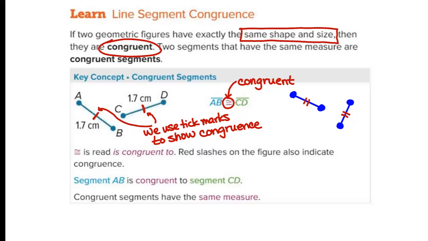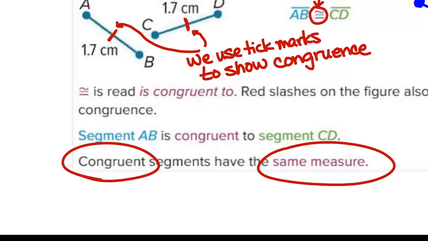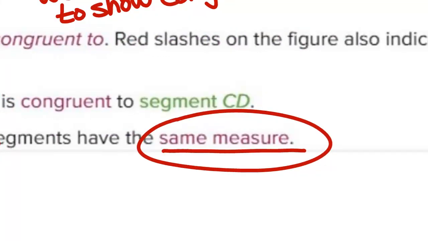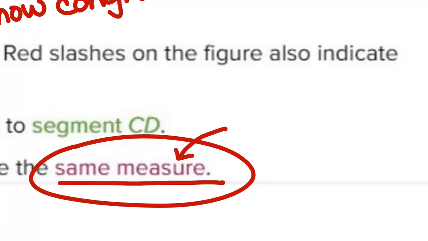Objects can be congruent, like Cheez-Its or line segments. The measurements or the lengths of congruent things can be equal. Same measure.